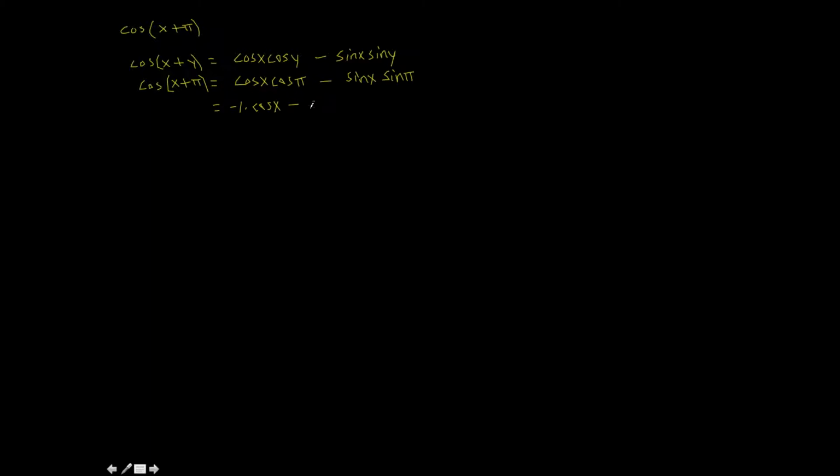And the sine of pi is 0, so that's 0 times sine x. Alright, so those cancel. So we have negative cosine x as our answer there. Negative cosine x is our answer. Okay?